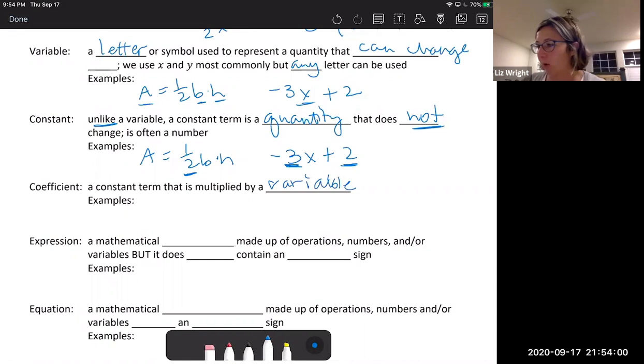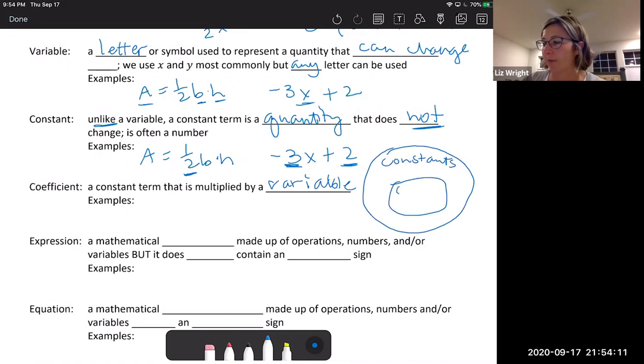So you can think of it almost like a Venn diagram. Here are our constants, and then inside of it would be coefficients. And so are all constants considered coefficients? No. But are all coefficients considered constants? Yes.